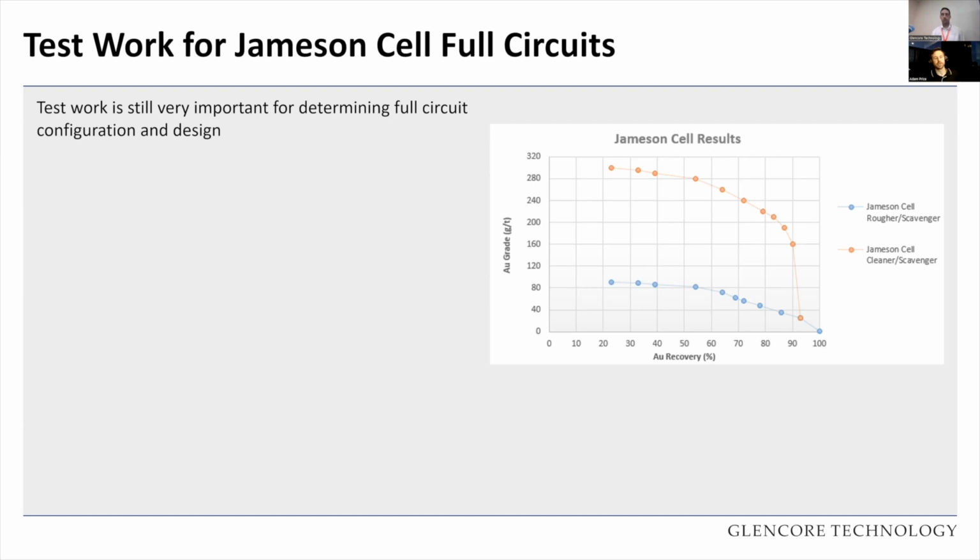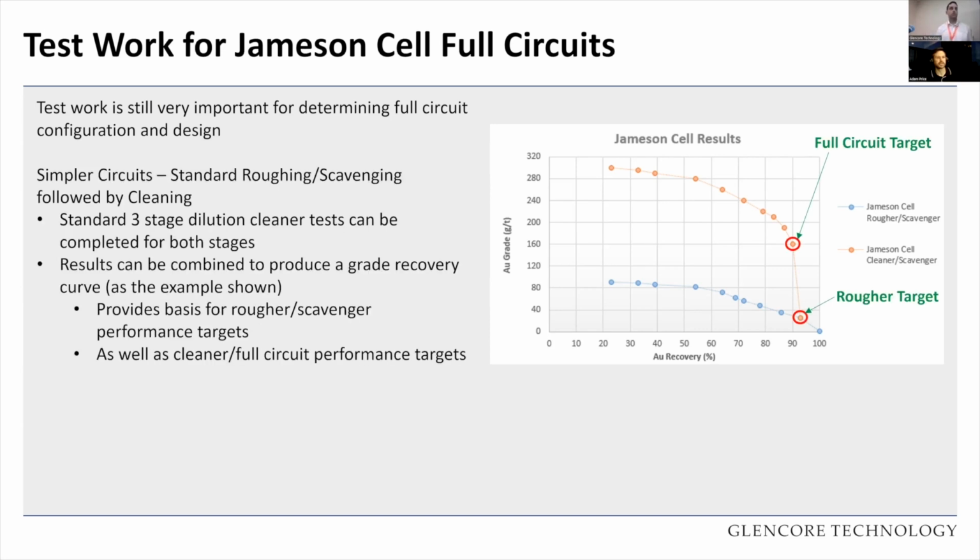And what we can do here is basically build a rougher 3-stage dilution cleaner test initially, and then from that build a cleaner stage 3-stage dilution test. And what this can indicate is the 2 target points of the 2 different circuits.